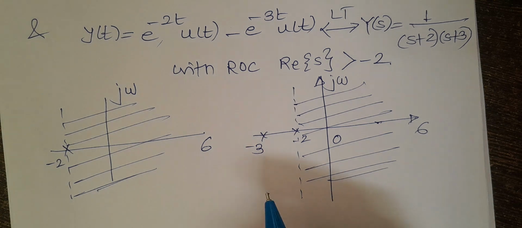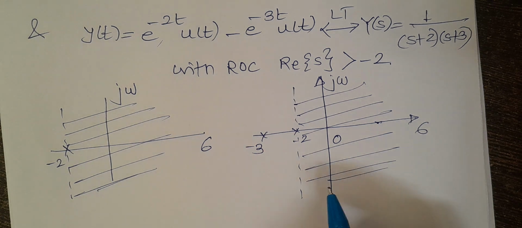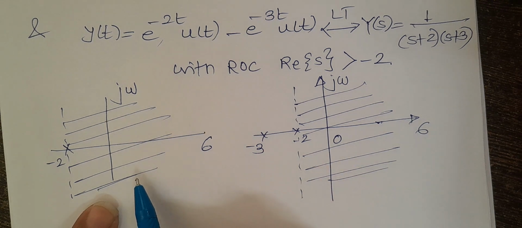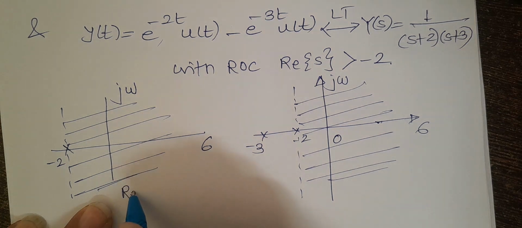Now in the S plane representation, the intersection of the ROCs is real part of s greater than minus 2.